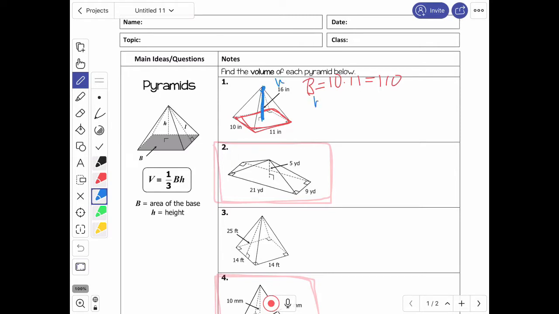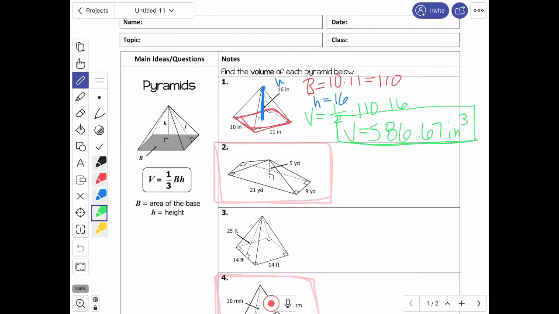So there's my height. And so now all I have to do is plug it into my formula: volume equals 1/3 times 110 times 16. And so the volume of that pyramid is 586.67 inches, and then we're still using volume, so we're going to use cubed as our units.